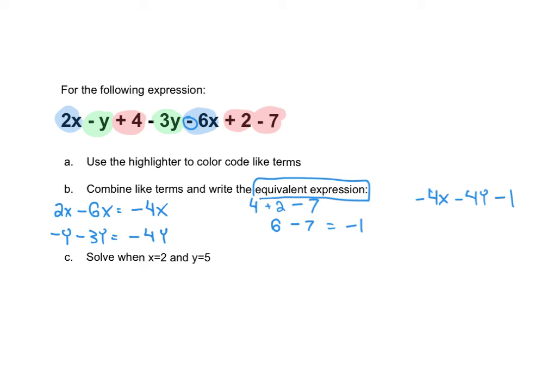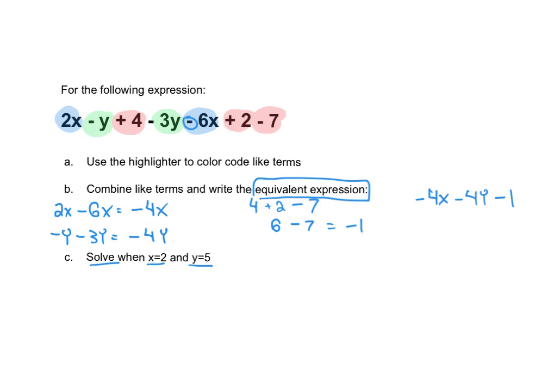So in C, I'm asking you to solve when x equals 2 and y equals 5. And again, I saw a lot of different methods here, so I apologize that I haven't gone over this in enough detail. But what that means is that everywhere you see an x, you replace it with a 2, and everywhere you see a y, you replace it with a 5.